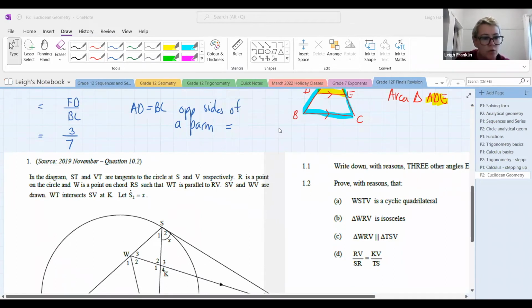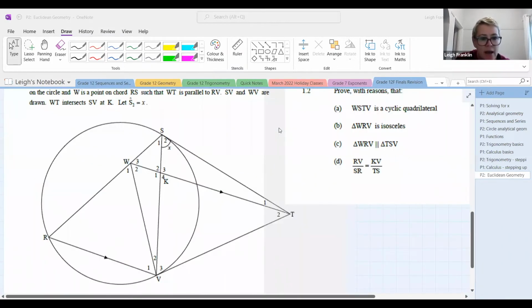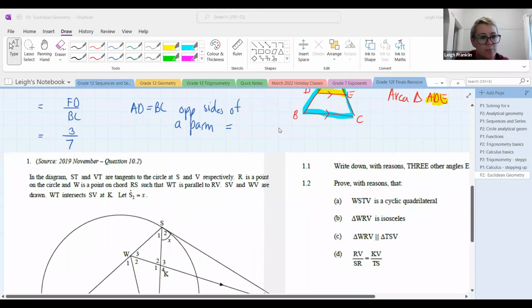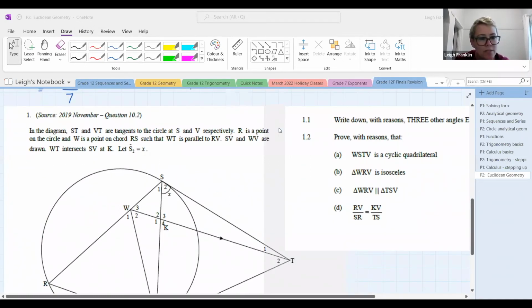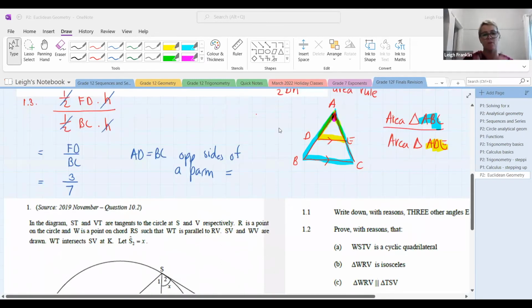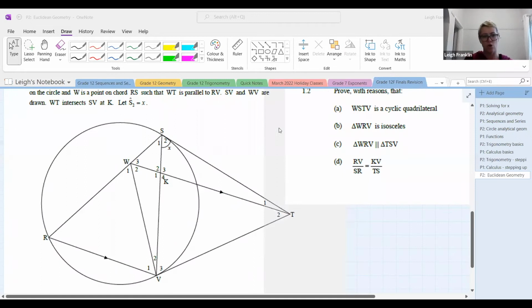R is a point on the circle. We can see it down there. What else have they told us? And W is a point on chord RS. So it's a chord. We don't know that it's a diameter. They just said that it's a chord, such that WT is parallel to RV. So the minute we see that there are parallel lines, what do we start thinking about?